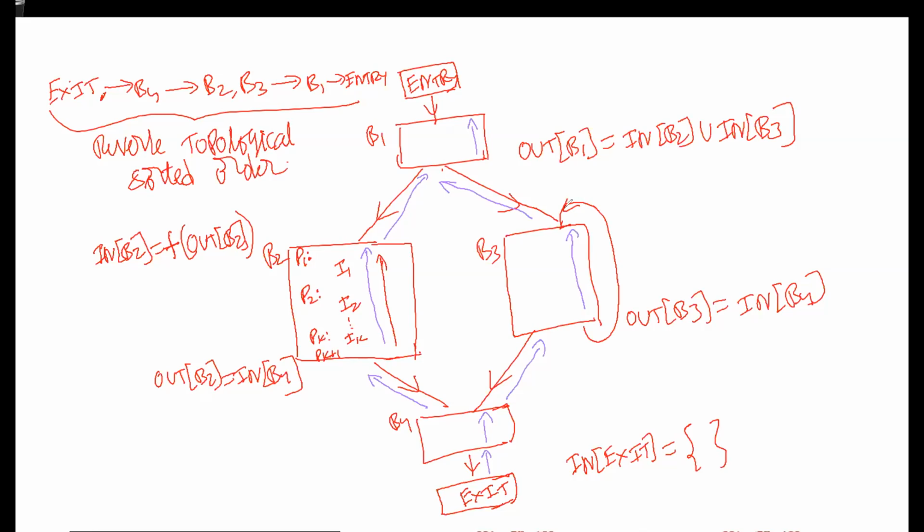In which case, you can see that out of B3 gets modified: out of B3 is equal to in of B4 union in of B3. So in order to compute out of B3, we need to know in of B3, but we know that in of B3 is a function of out of B3. So this leads to a circular dependency.